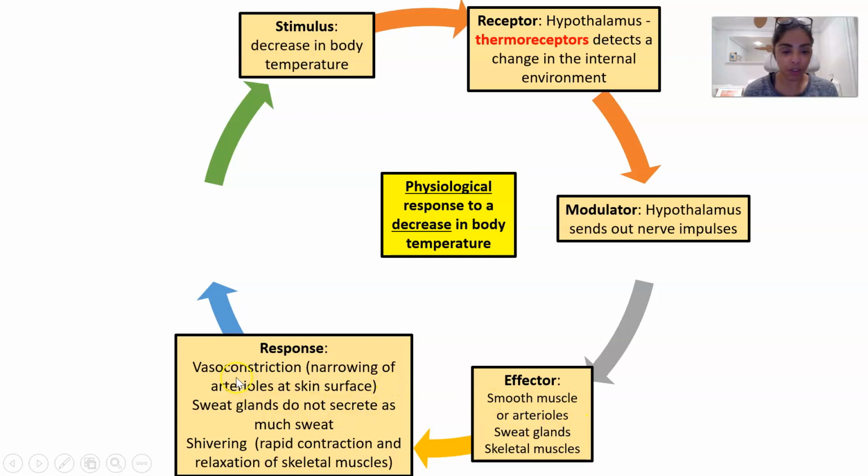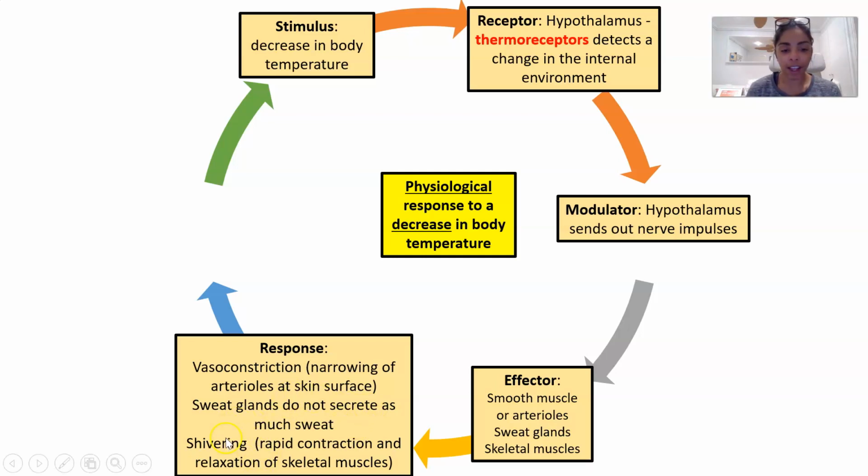So we have vasoconstriction, which of course is narrowing of the blood vessels. You should understand that narrowing of those arterioles is a way of reducing heat loss through radiation, conduction, and convection. The sweat glands reduce their activity, so we don't secrete that much sweat, so we're not losing a lot of energy through latent heat.